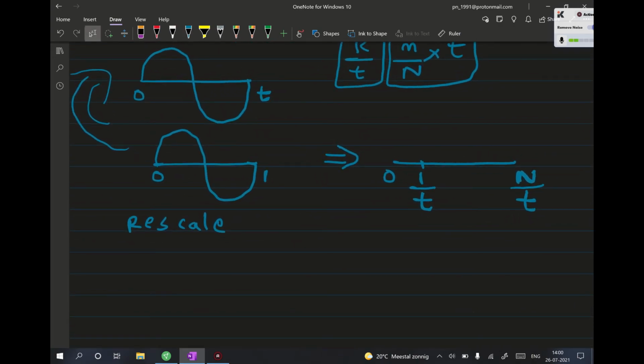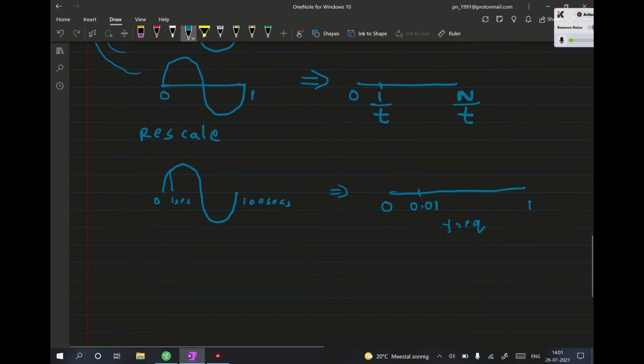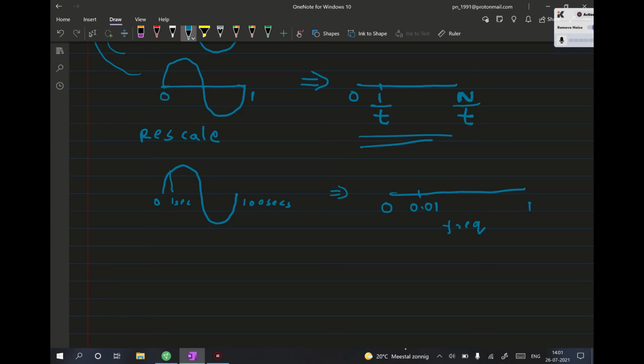So let's try to confirm this with an example. If I have data of 0 to 100 seconds in a span of 1 second, the transformed independent variable should be something like 0 to 1 with a delta f of 0.01 frequency scale. Now if we use all this logic, let's see whether it is true or not. Let's start from 0.